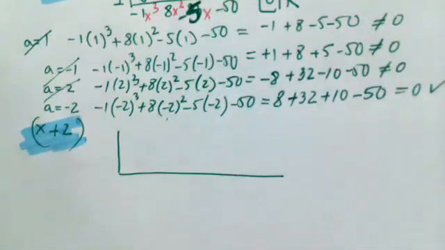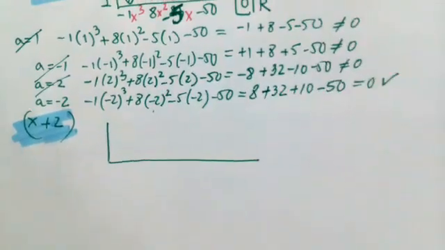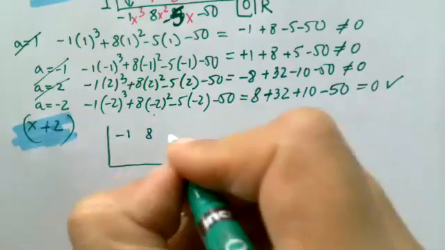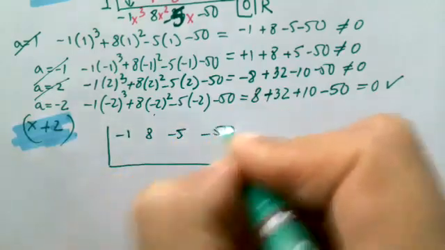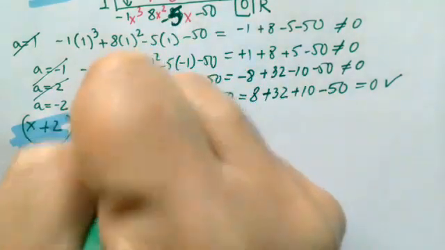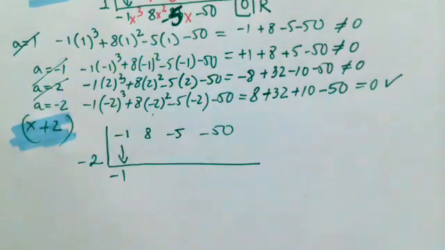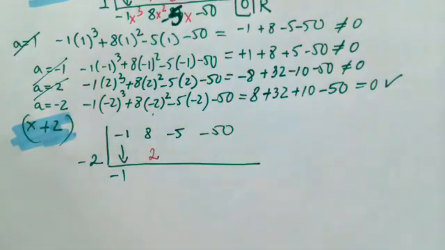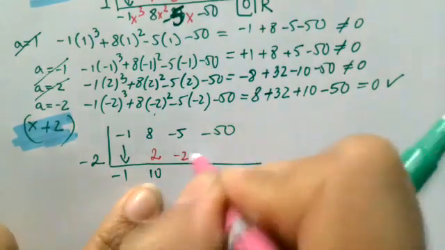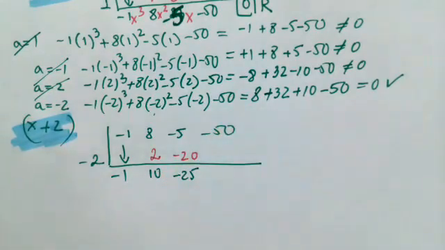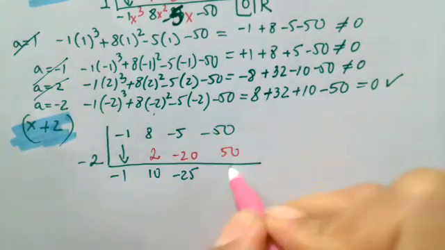Once you find the factor, what do we do? Synthetic division: negative 1, 8, negative 5, negative 50, with negative 2 on the left. Drop the negative 1, get started. Plus 2, that's 10. Negative 20, that's negative 25. And then plus 50, that's 0.